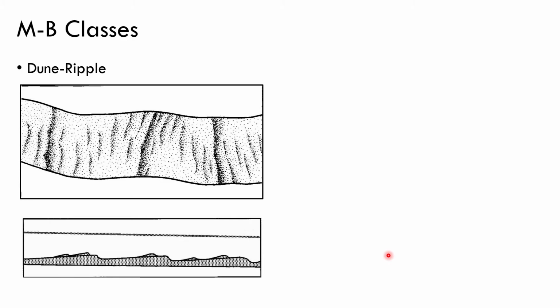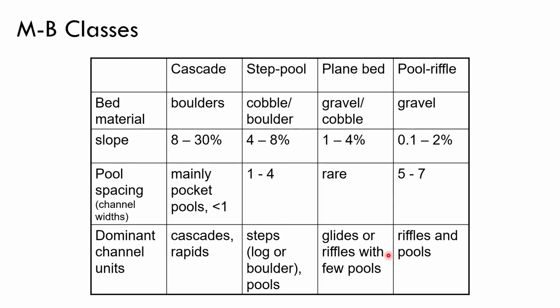But then for large stretches, it's more consistent dune ripple morphology. So the Cedar here in town and upstream is a mix of two different classes. We can't just say it's riffle pool or only dune ripple, but it's in between. So there are some in-between classes that we can use.